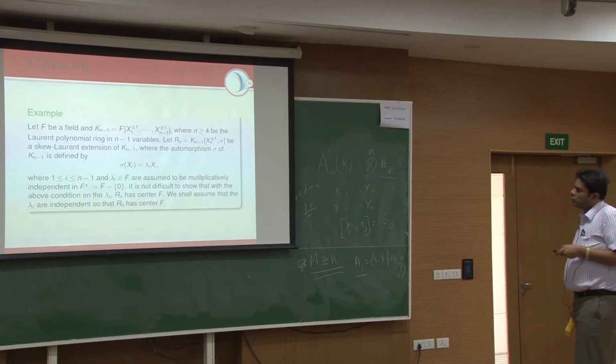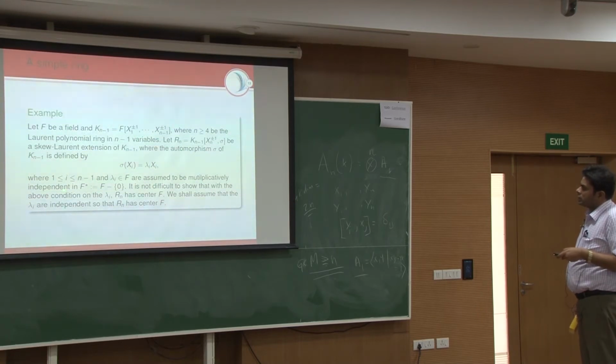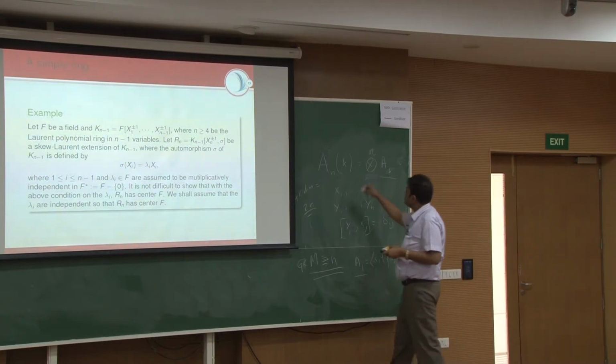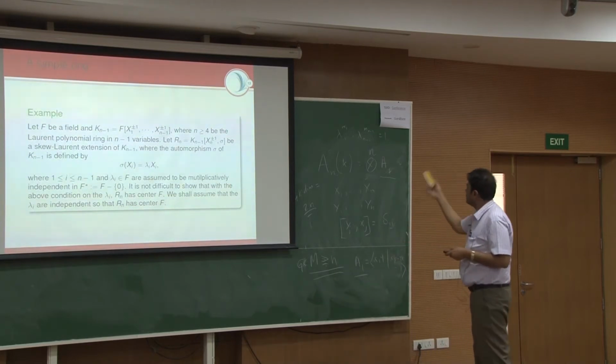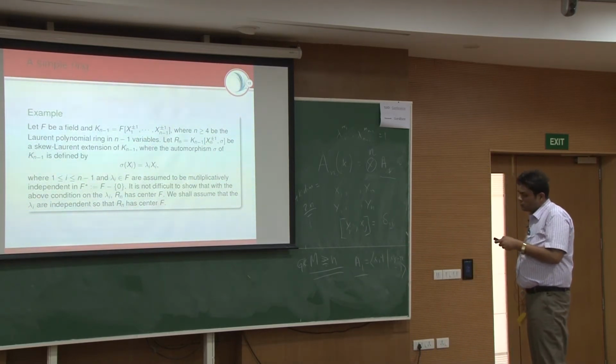of this Laurent polynomial ring. Now, we also make the assumption that the scalars lambda_i are multiplicatively independent in the multiplicative group of the field. That means that they don't satisfy any relation of the form lambda_1^{m_1} up to lambda_{n-1}^{m_{n-1}} equals 1 for non-trivial m_1 up to m_{n-1}.